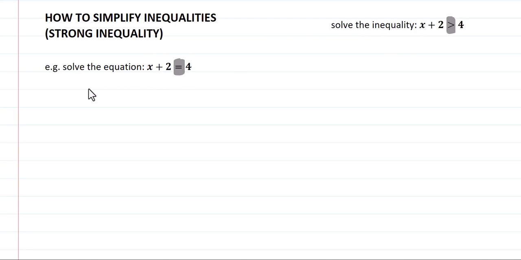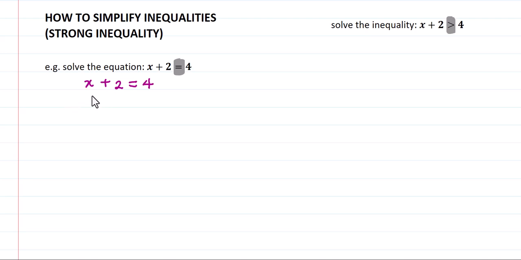Let's solve this equation. We have x plus 2 is equal to 4. For you to understand the whole process and the method I'm going to apply, ideally go to the lesson on linear equations, one-step linear equations especially. At this point, we have to do the opposite operation. We have plus connecting x and 2.